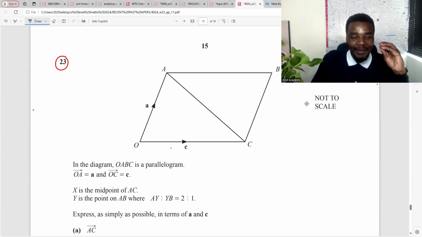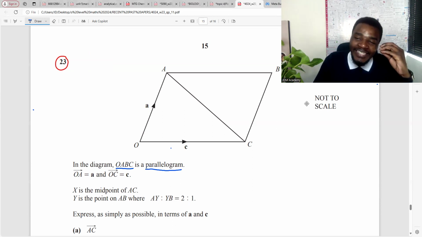So in the diagram, OABC is a parallelogram. What is a parallelogram? Remember, you need to understand the properties of a parallelogram as you are doing this vector geometry.